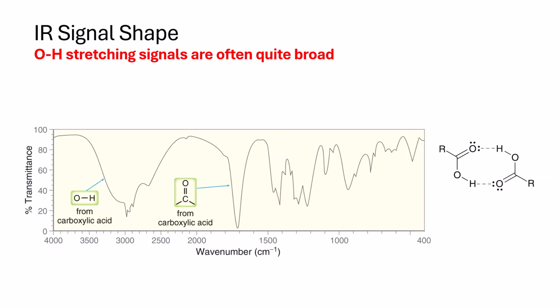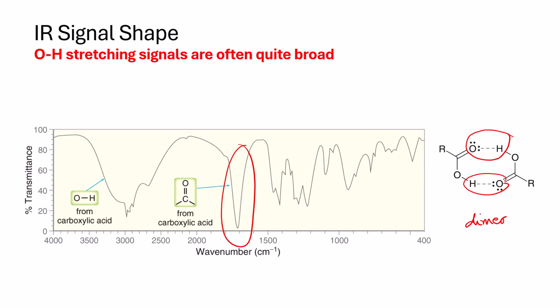The intensity, so here we see the carbonyl is intense and the other not as intense, and then shape. Let's look at this applied to this particular spectrum. This is a carboxylic acid, and as we see here, there is a hydrogen bond and another hydrogen bond. This is a dimer, so carboxylic acids form dimers. Characteristic of the carboxylic acid, we do have a carbonyl band at 1700, and also we have the OH.